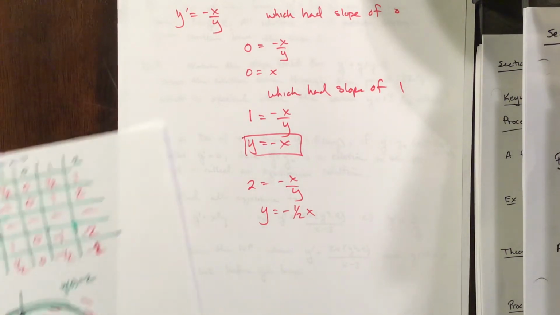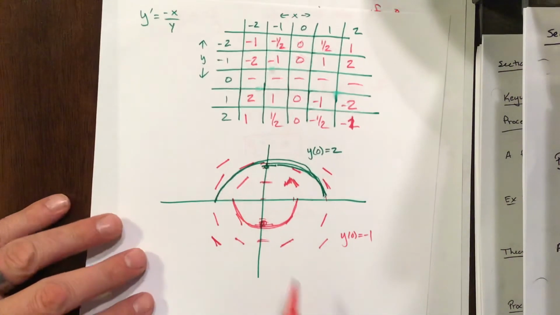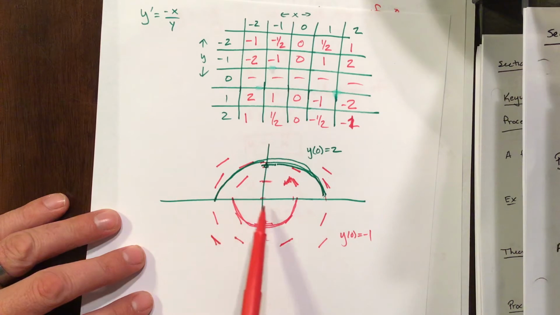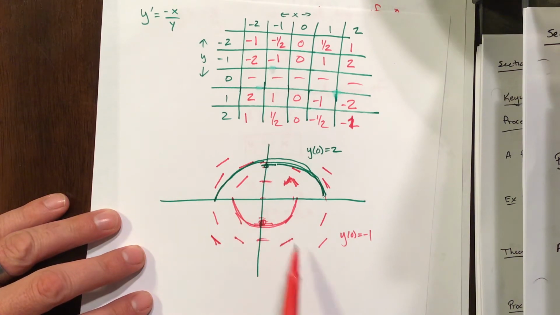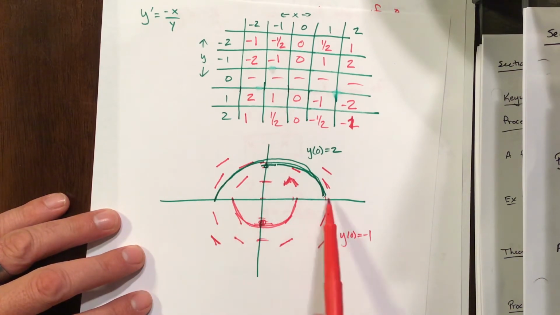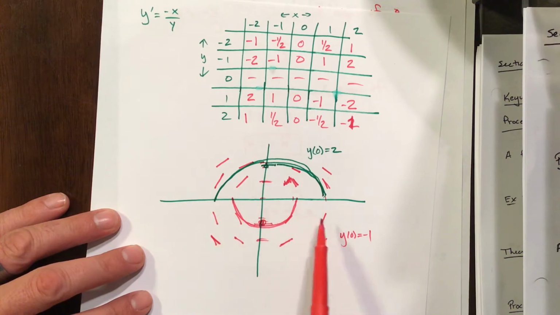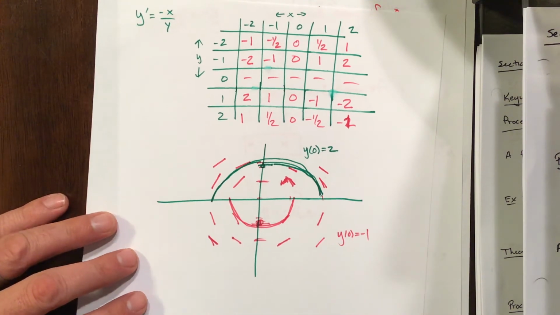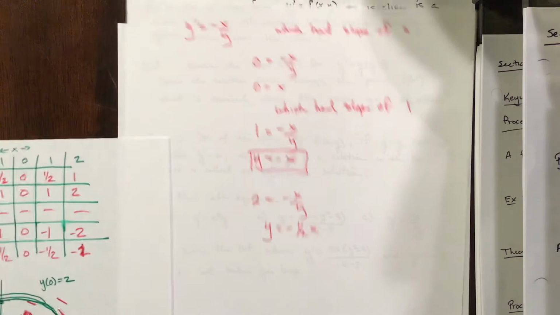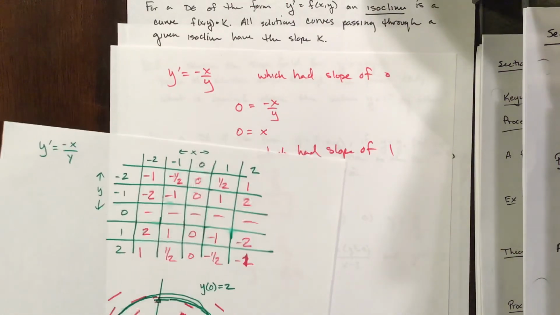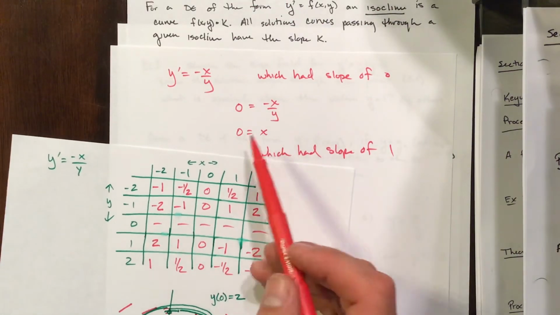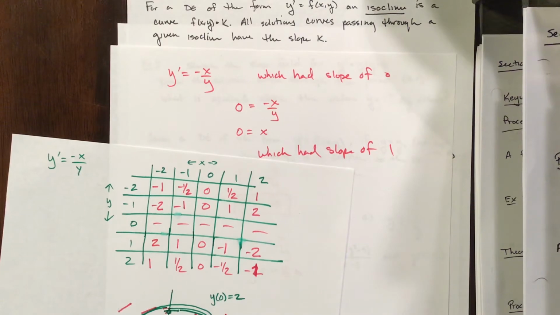So if you look at y equals negative 1/2 x, right here and here, there were slopes of 2. So that's what an isocline is. The isocline that we're most familiar with is the one that we use for x equals 0.